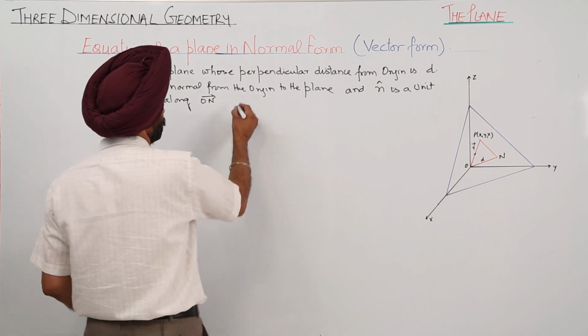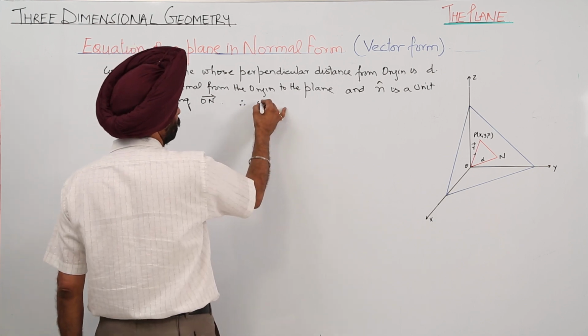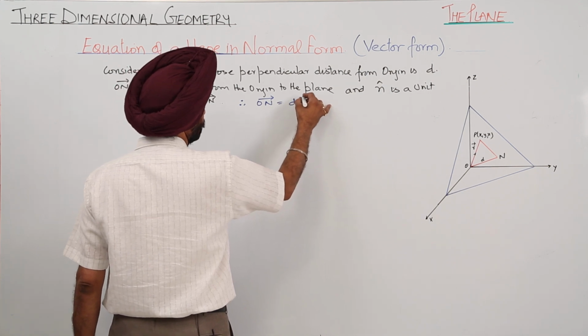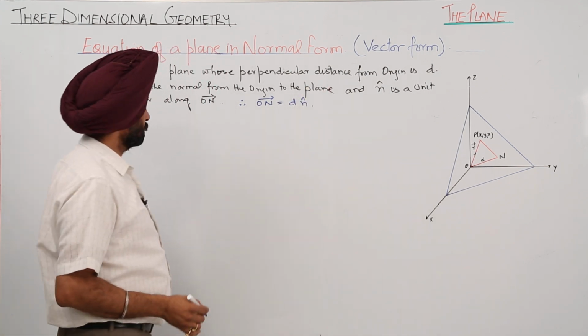Therefore vector ON is equal to D n cap. Is it clear?